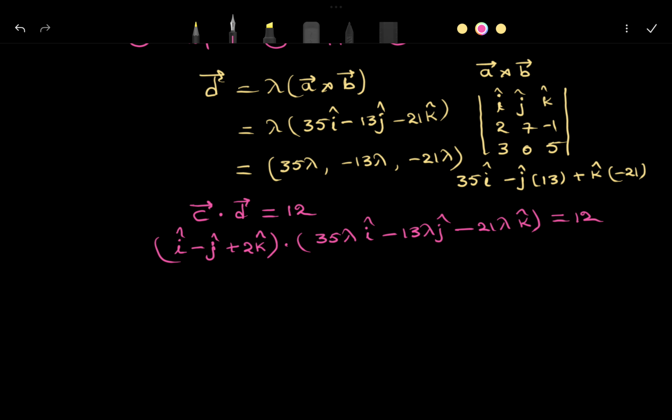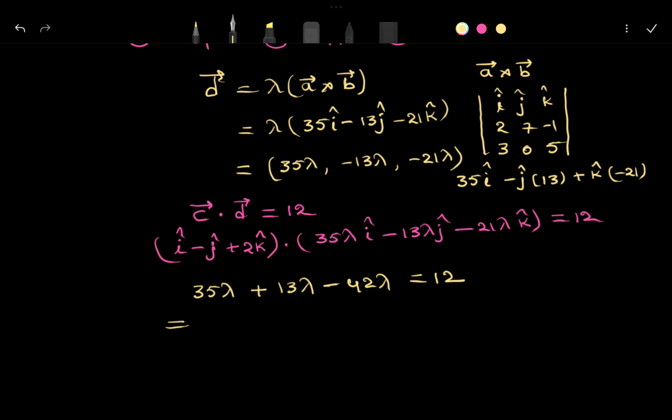So you know how to do the dot product between the two vectors. 1 into 35 lambda is 35 lambda, and minus 1 into minus 13 lambda is plus 13 lambda, and 2 into minus 21 lambda is minus 42 lambda, equal to 12.